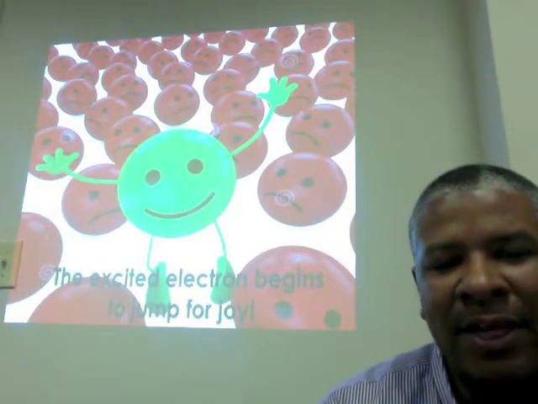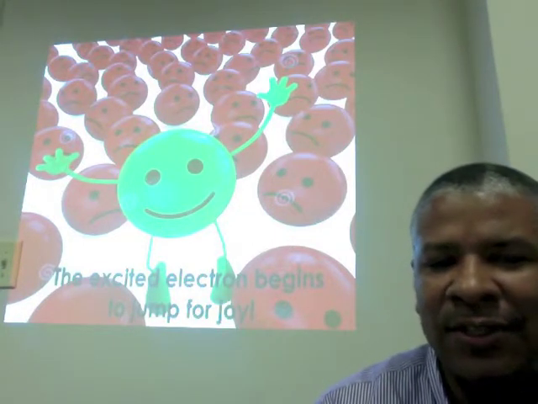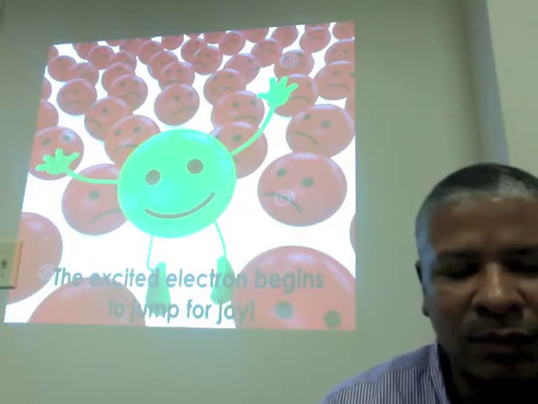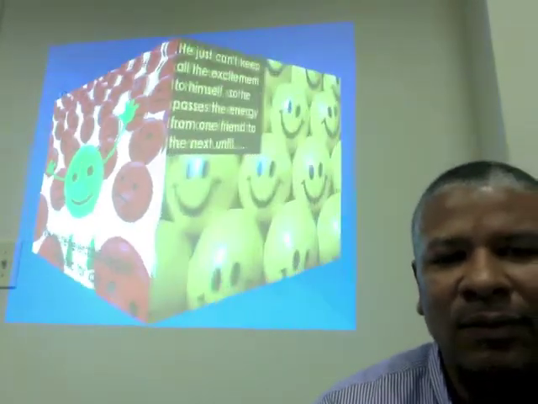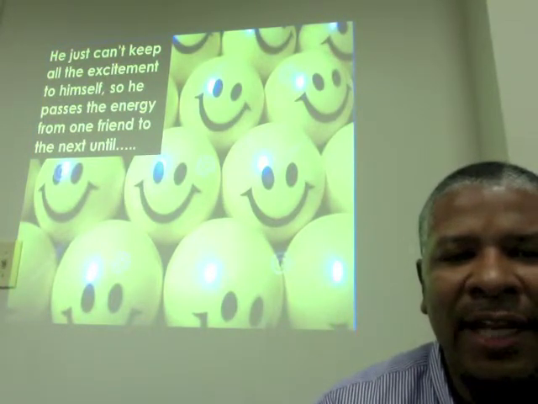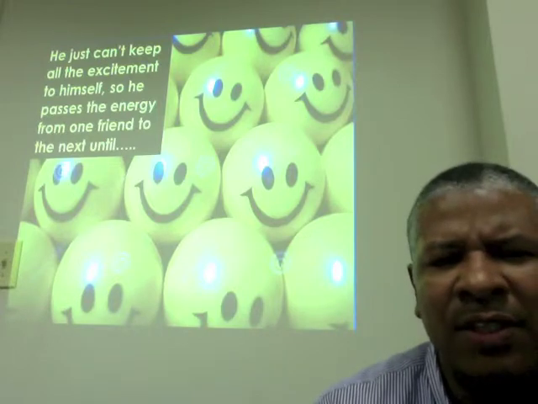So now, our excited electron, he begins to jump for joy. He is so happy. He's just all over the place. In fact, he's so excited that he just can't keep all the excitement to himself.